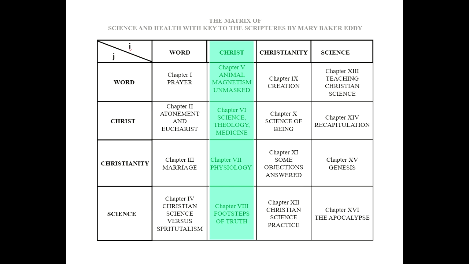Then at Christianity, that the revelation of God's nature brings forth an exalted sense of being. And finally, the Word as science, scientific understanding, that God's nature, the revelation of God's nature, brings about scientific understanding. So can you see how they relate to each other? And when you draw all of the conclusions of the two indices in relationship, you have the 16 points of intersection.